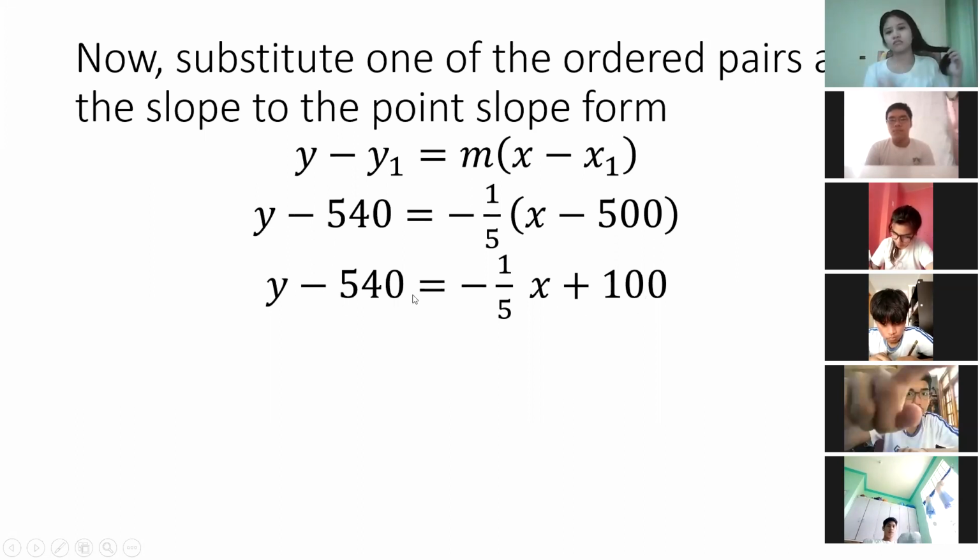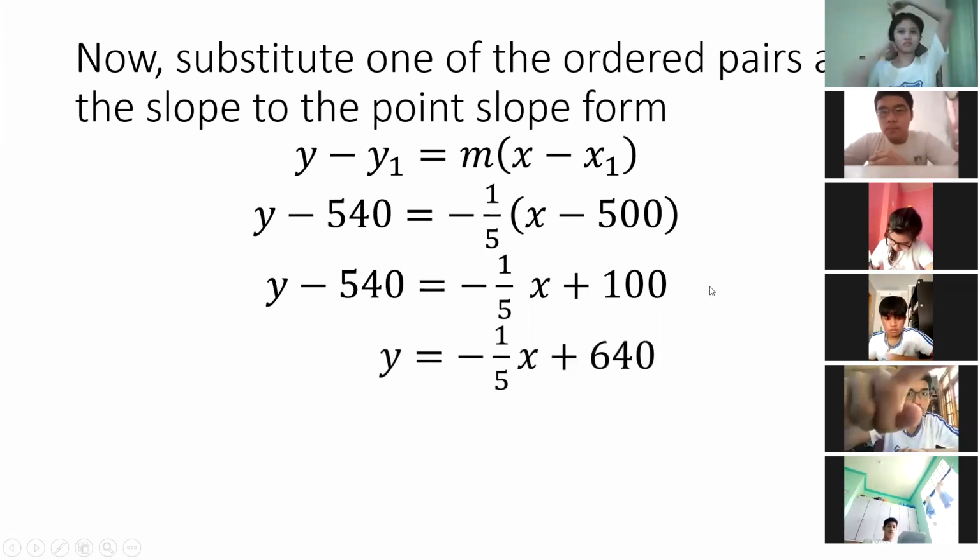After that, you move 540 to the right. By moving the 540 to the right, it will become positive 540. Therefore, you'll get 540 plus 100, which is positive 640. From here, you have now the linear function: y equals negative 1/5 x plus 640.